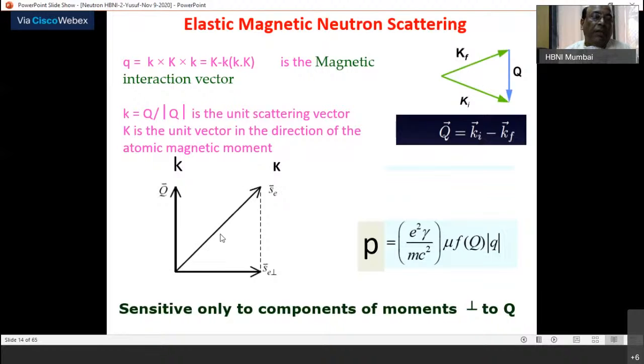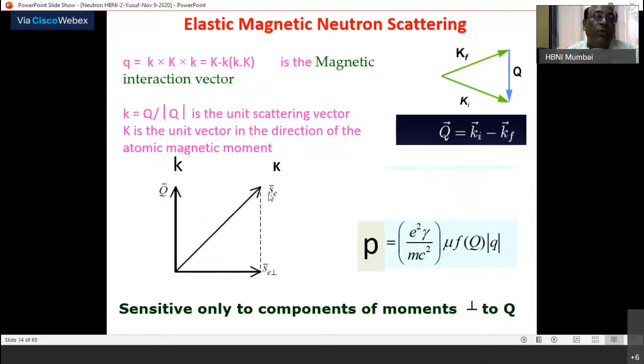I'll keep repeating. If you understand this, a 90% job is done. Then you can come and do experiments using neutron on magnetic materials. Now this vector, what is the actual magnetic moment length? If you take an isolated atom or ion in your sample, it comes from Hund's rule, as I have already said.